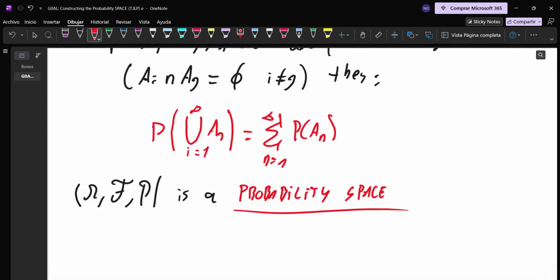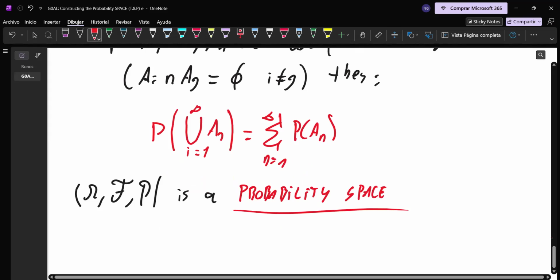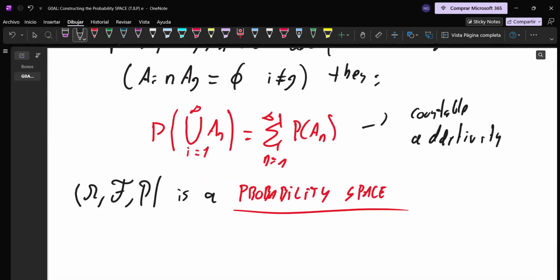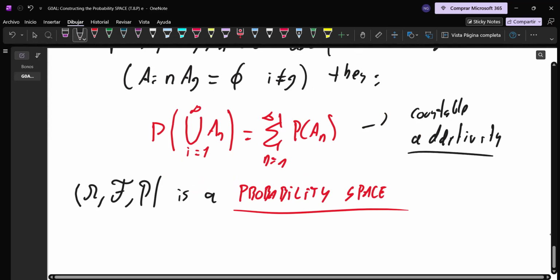And axiom 3, this is the countable additivity, or sigma additivity, is the crucial one.